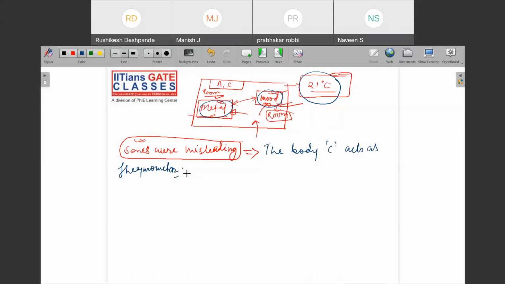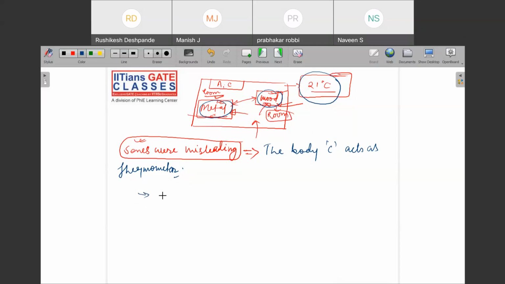So your thermometers are based upon what? That C, like your body C is a thermometer. Whenever you are trying to find out some temperature, you need to find out some change in a thermometric property. Why? Because you should know the variation of your property with respect to temperature.